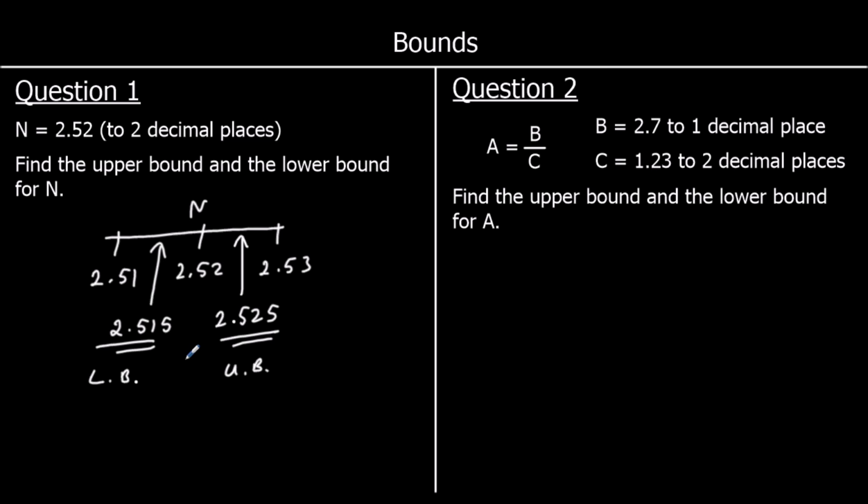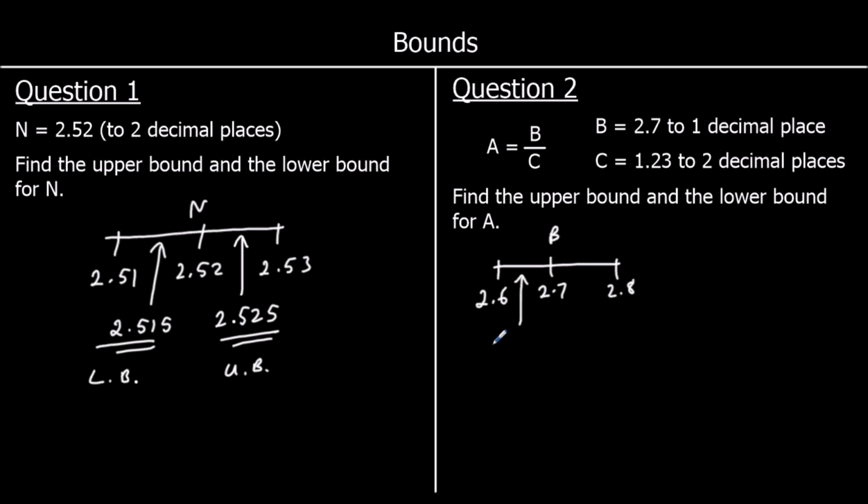Question 2. So A is equal to B over C, where B is 2.7 to 1 decimal place, and C is 1.23 to 2 decimal places. Find the upper bound and the lower bound for A. So we've got B, which is 2.7. So the one up is 2.8. The one down is 2.6.